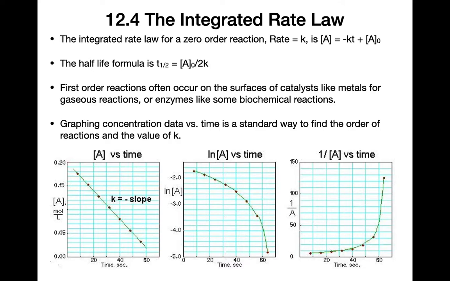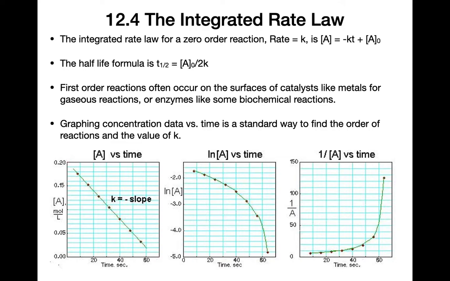We've got the initial rates method, and then if you have only one reactant, you can use the graphical approach to graph the concentration versus time, the natural log of the concentration versus time, and 1 over the concentration versus time and see which one is linear. And then you can get the k value and the order.